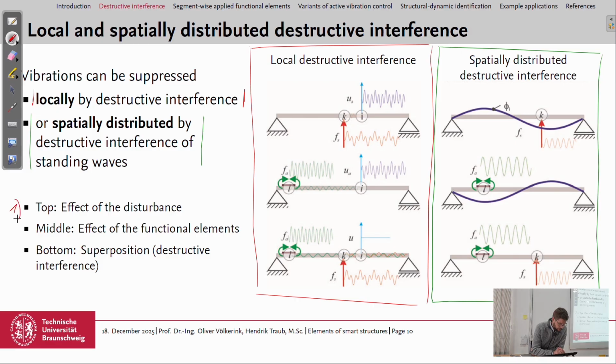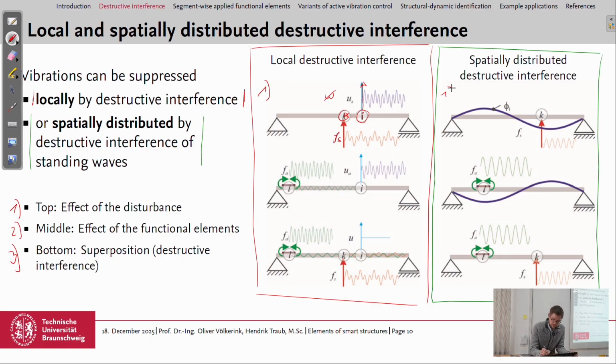Let's quickly go through the figures. So in the first row, we have an excitation here at point K. This F_s is the external excitation we want to suppress, and without any means of vibration control, we have at point I, now not W but U, the vibration of the structure.